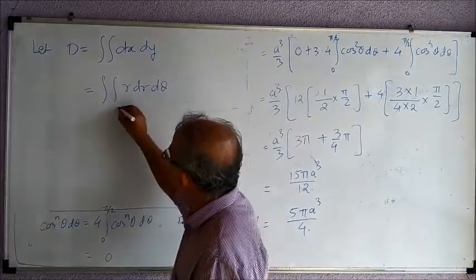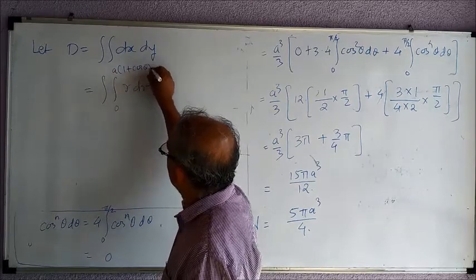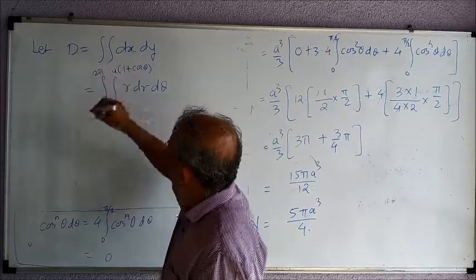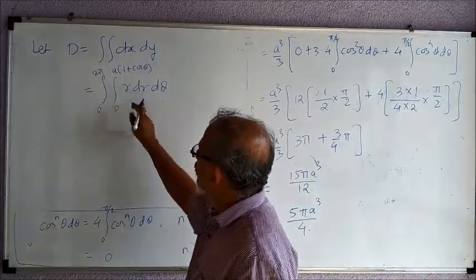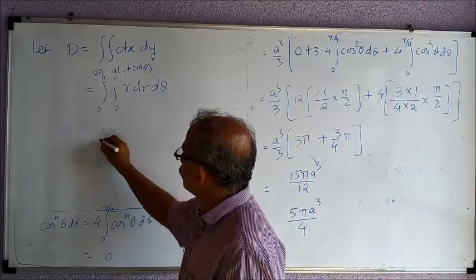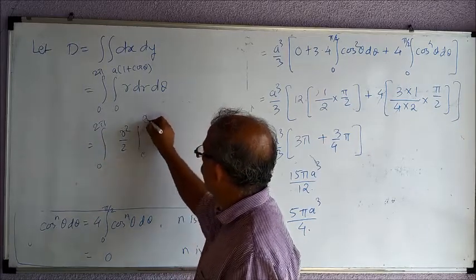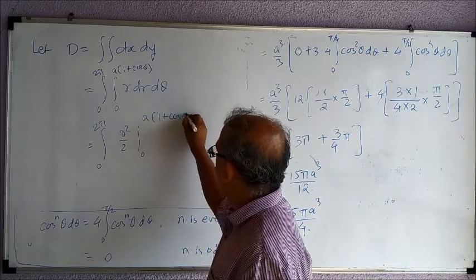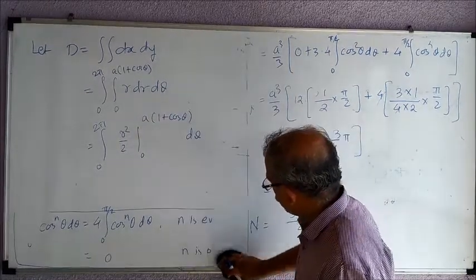It is from 0 to a into 1 plus cos theta, and 0 to 2 pi. First of all we will evaluate r. So 0 to 2 pi outside, this is r square by 2 from 0 to a into 1 plus cos theta, d theta.